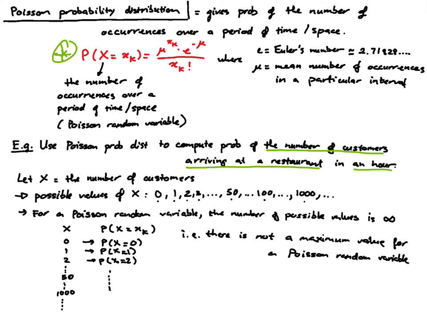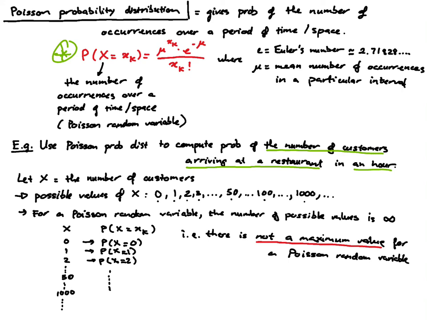Note that this is different from the binomial random variable. In the binomial random variable, we have a maximum value, which is n, the number of trials in the corresponding binomial experiment. Here in the Poisson, there's not a maximum value.